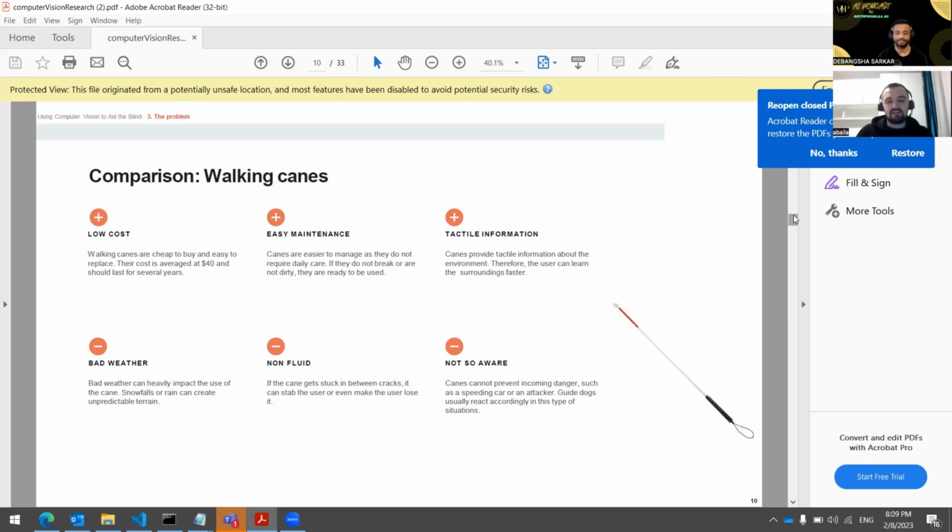So it can be annoying sometimes, and they don't provide as much awareness as dogs do. So if there's, I don't know, an imminent danger coming towards you, the walking cane cannot bark, so you don't notice that. So that's a bit of a risk here.